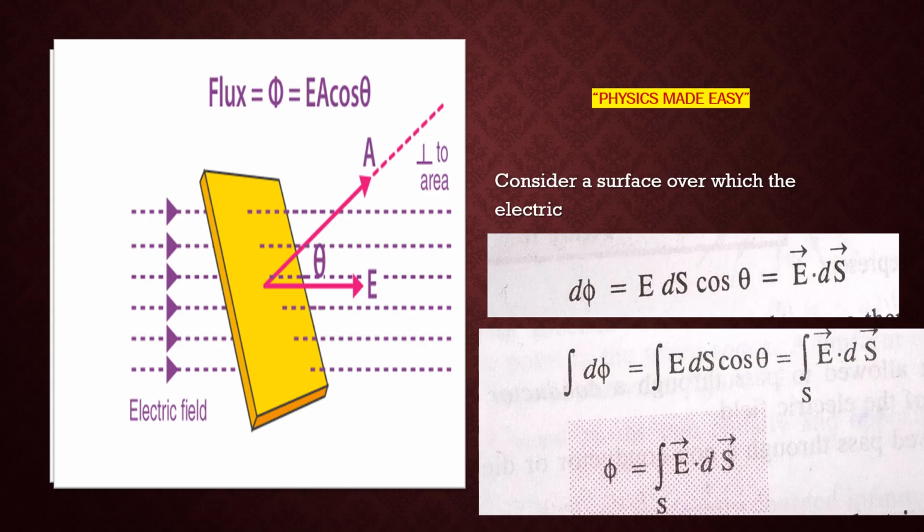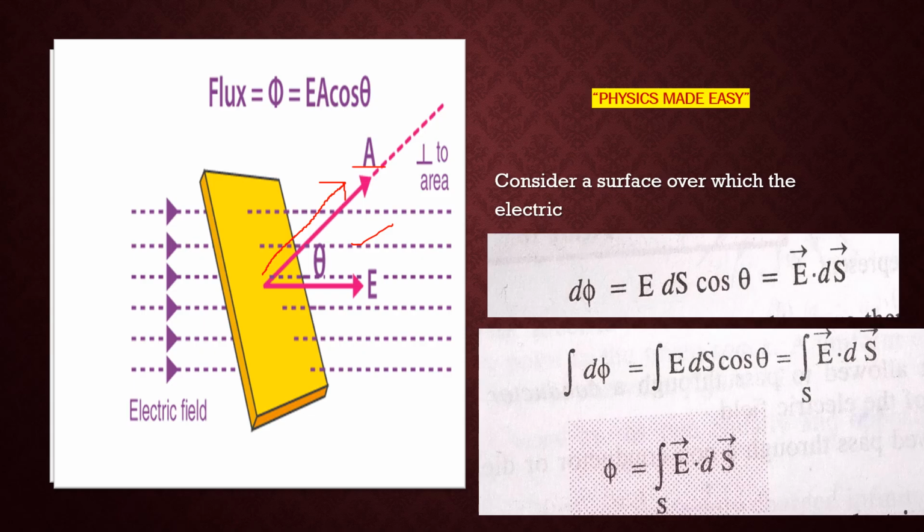Here we can see that the surface having the area capital A has its area vector always perpendicular to its plane. So this arrow represents the direction of the area vector, and we can see that there is the angle theta, and theta is the angle between the electric field and the area vector of the surface element.